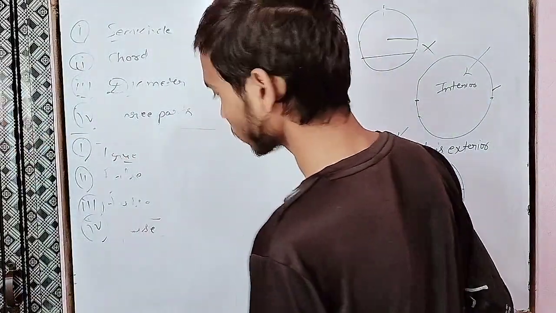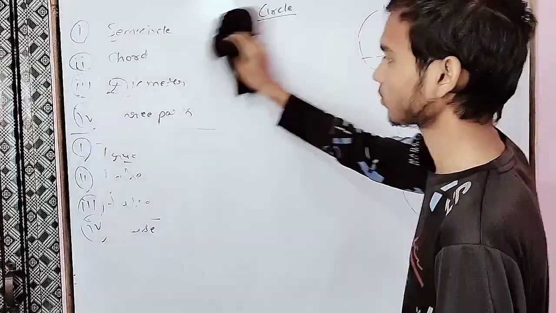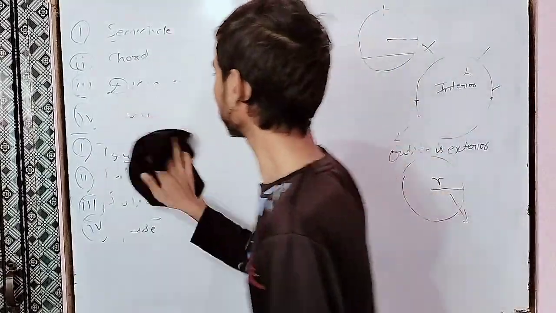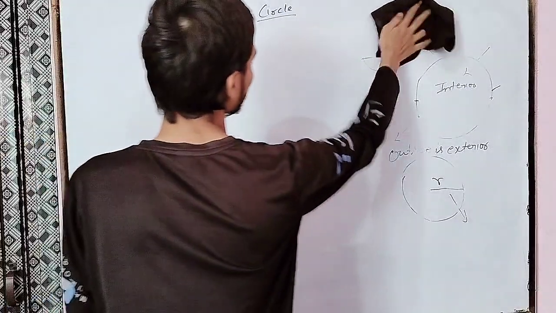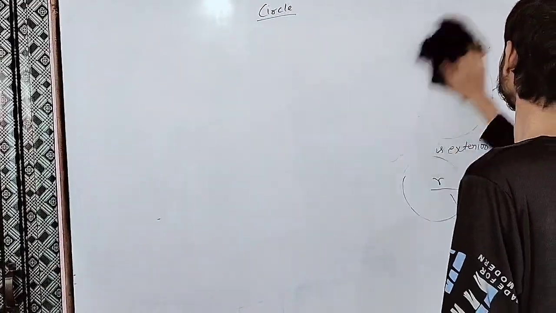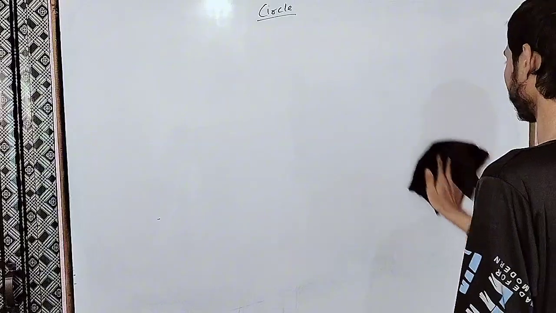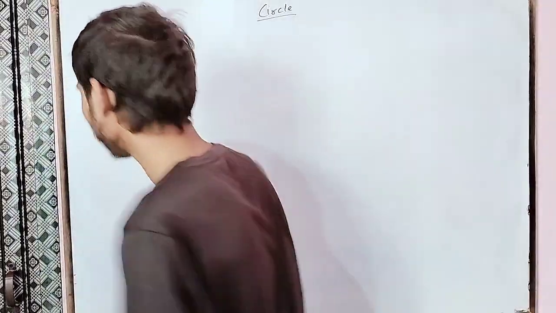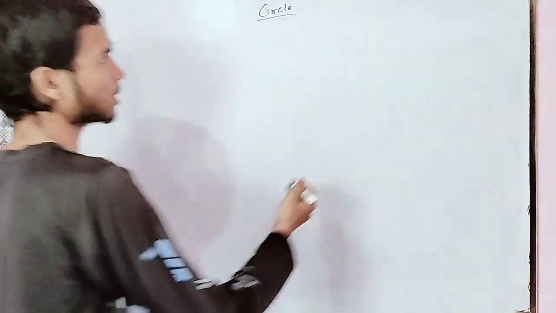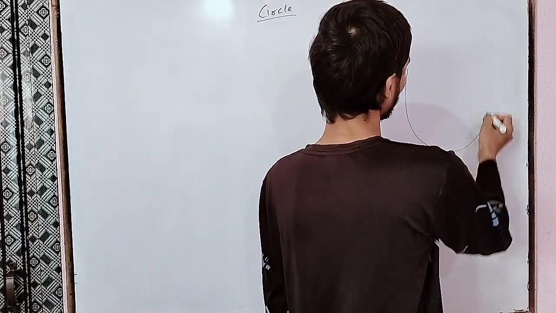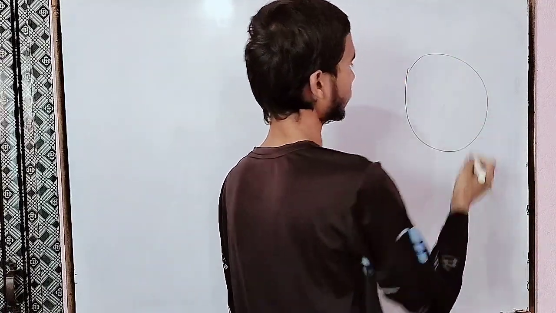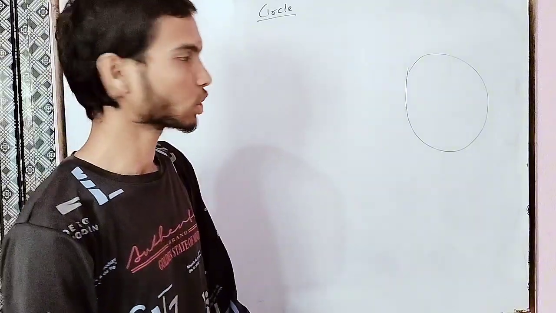We did some questions based on this circle. Now let's move on to theorems related to this. One point I want to explain here is that, look, this is a circle. So here, this is the center.